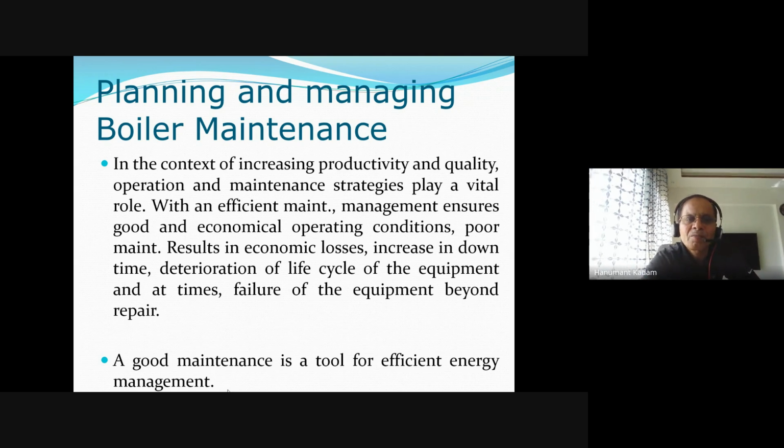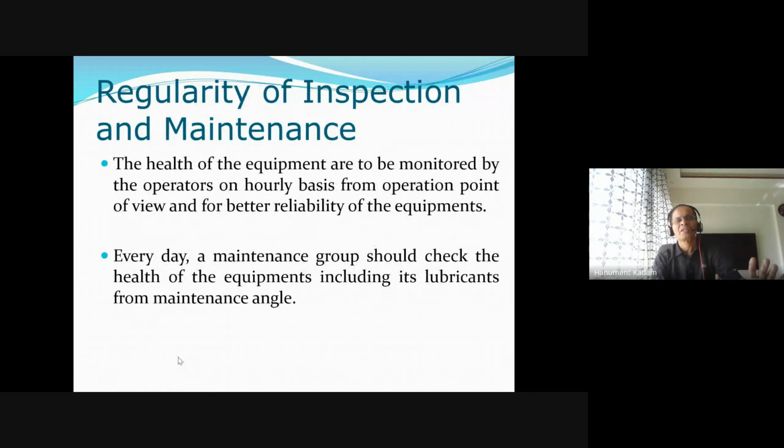Boiler maintenance, from the electrical, instrumentation or civil department's point of view, is very crucial. Good maintenance is a tool for efficient energy management. If you are maintaining properly, it is efficient, meaning you can save energy, and that is directly converted to business profit margin.